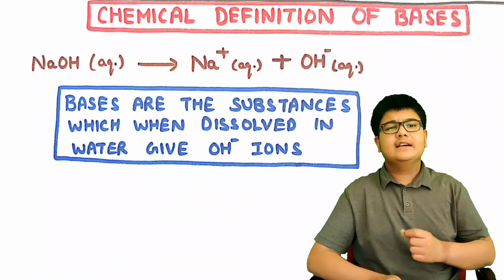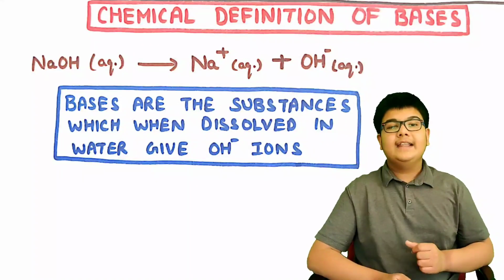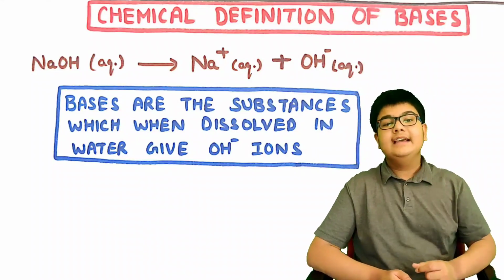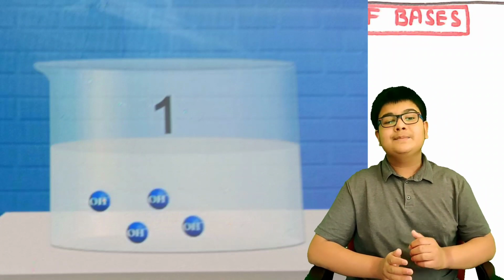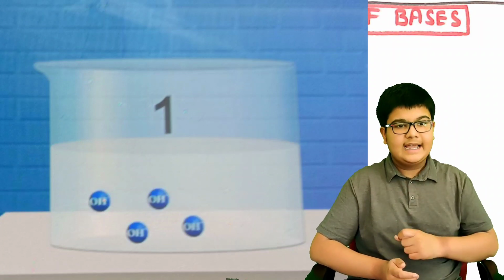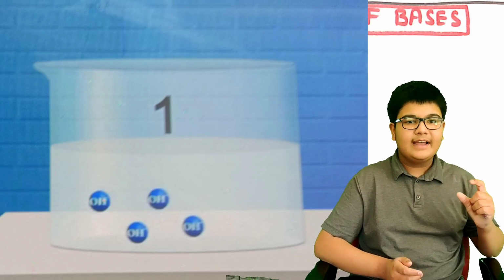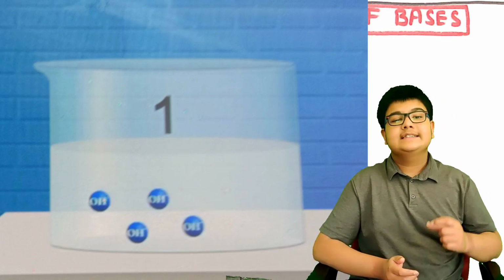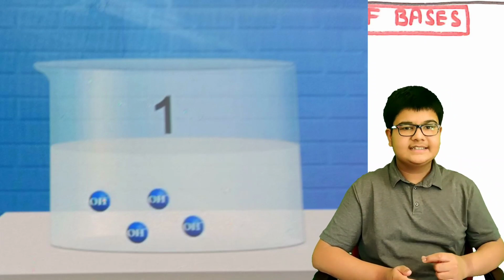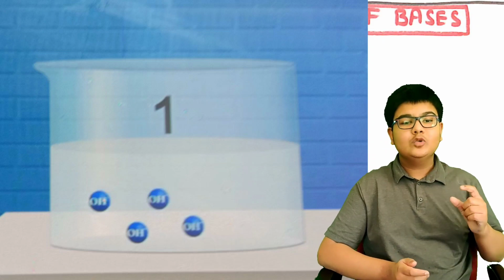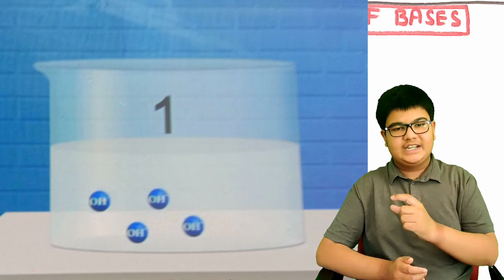So for this, let's conduct an experiment. When sodium hydroxide is dissolved in water, it splits into its ions, and these are Na positive ions and OH negative ions. Similarly, when potassium hydroxide is dissolved in water, it splits into K positive ions and OH negative ions.